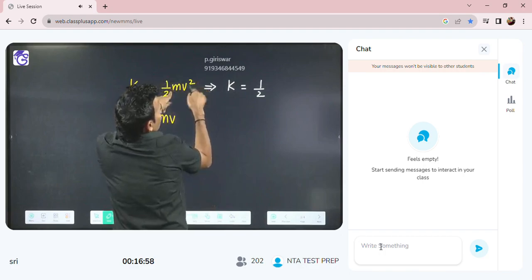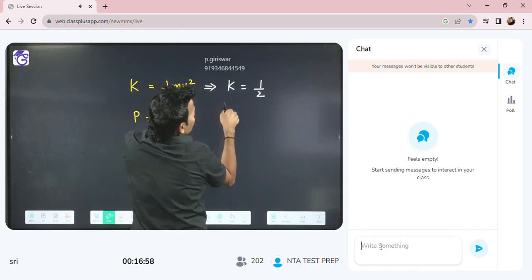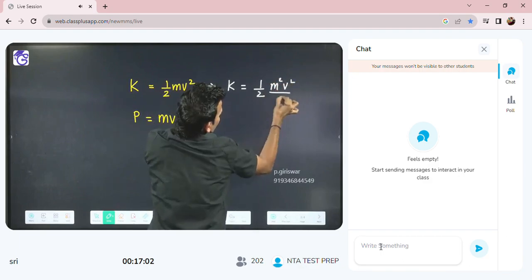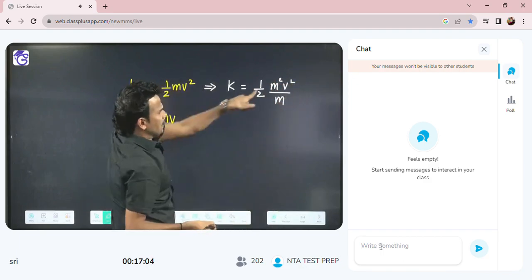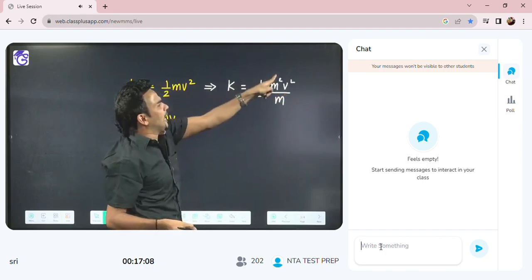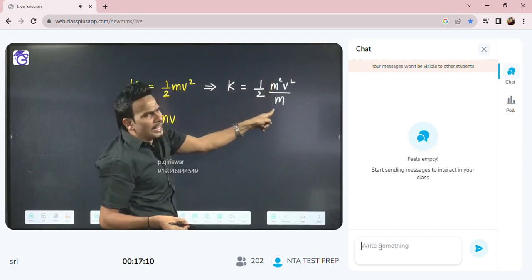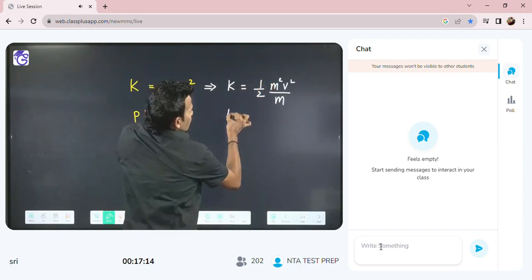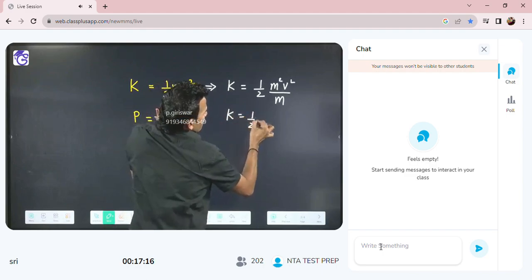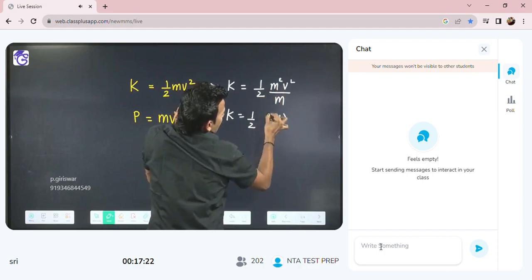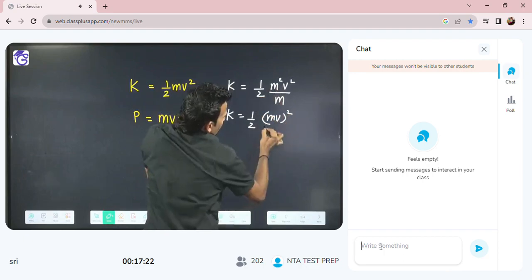Multiplying m into m gives m square, and dividing by m again means no change happens. Now this will become half, m square v square, which you can write directly as mv whole square by m.